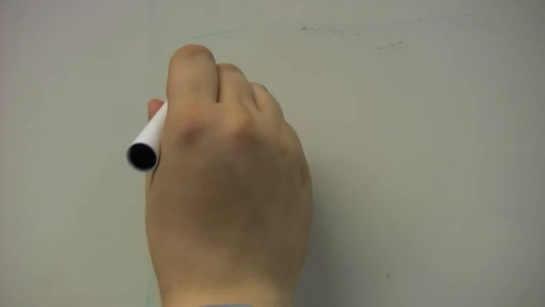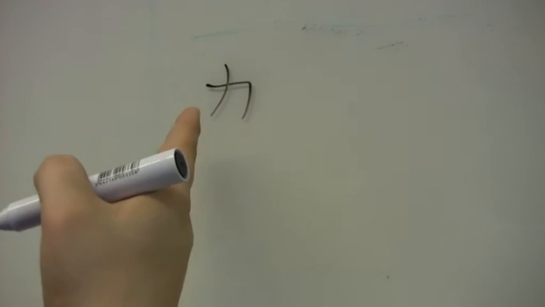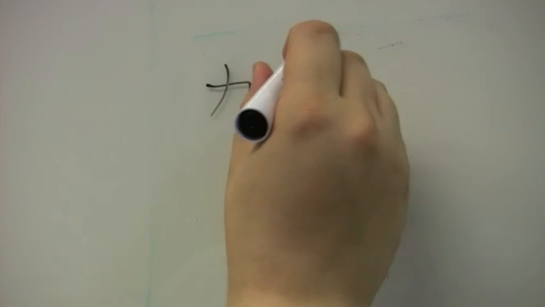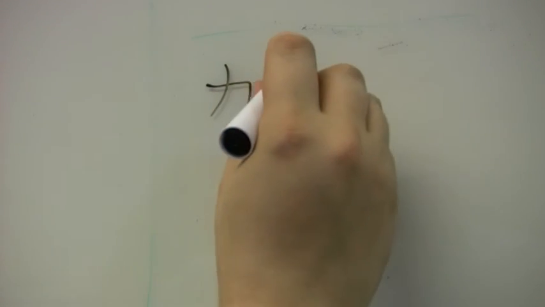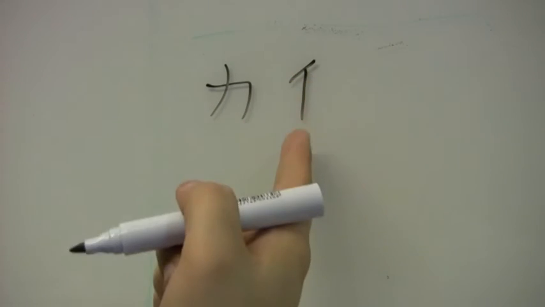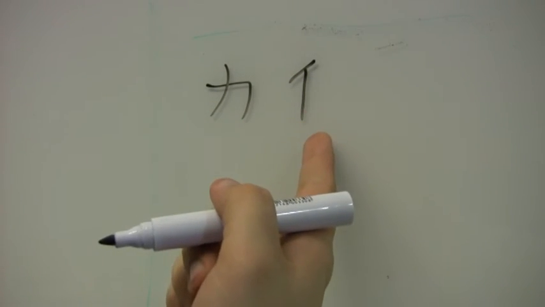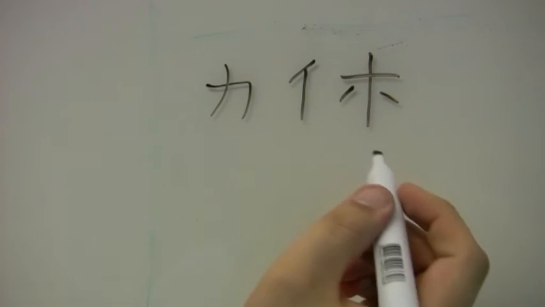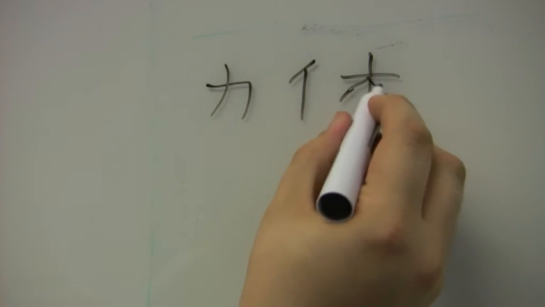Bada bing, bada boom. And of course, there's several kanji that are just katakana by themselves, like a few that I already mentioned, like ka. This means power, chikara. And we have i, like it's the radical for person. Ho basically is like tree, but it's not finished yet.